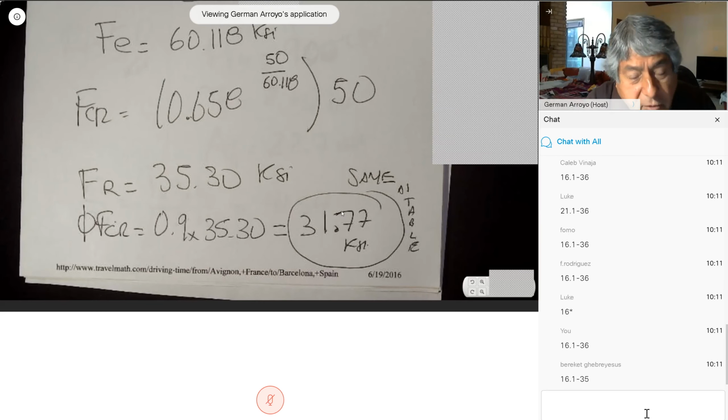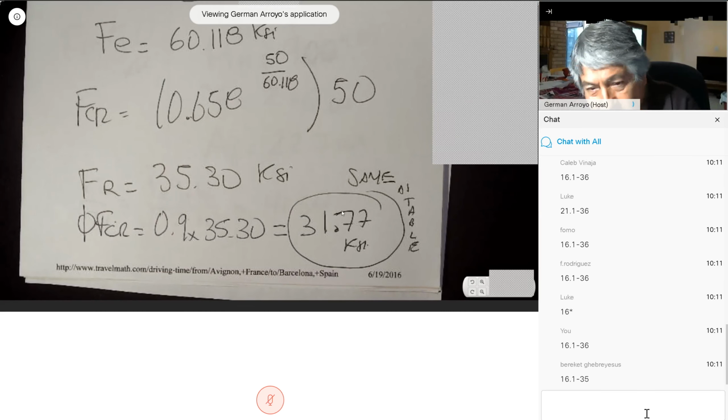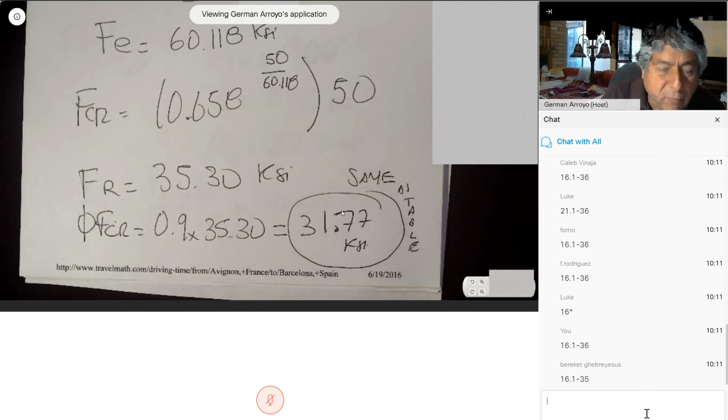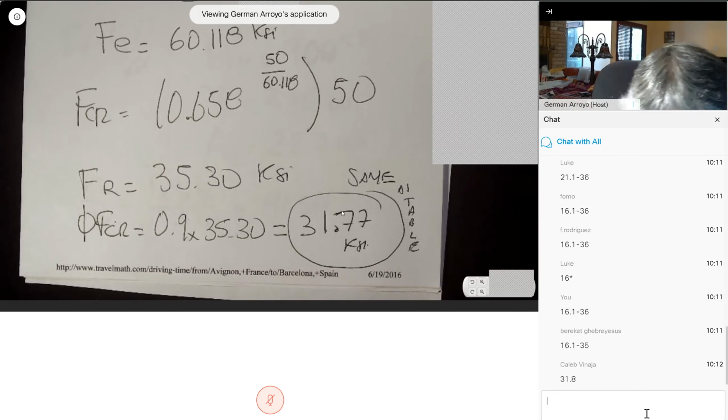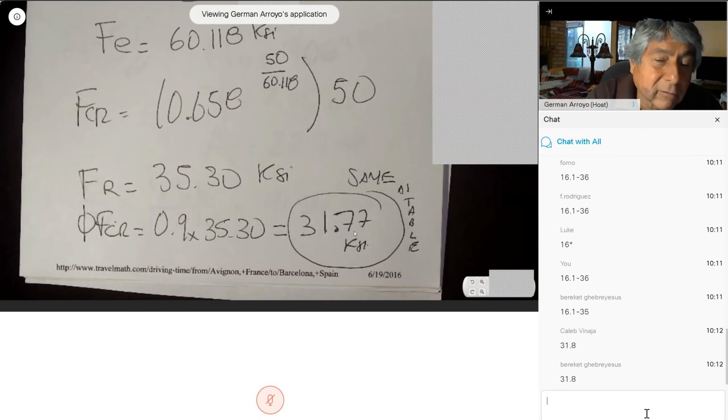I want you to go to the table at the end of chapter 4 for KL over R 69 and tell me what is the value for Fy 50, what is the value given in the table? Okay, 31.8. In the code, they cannot write 31.77, so they put 31.8.